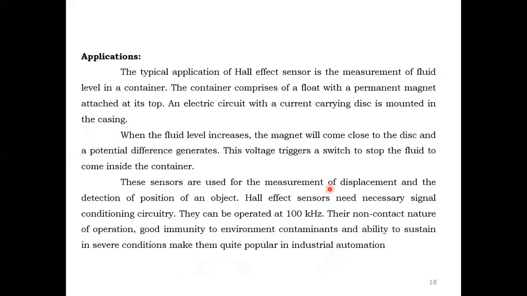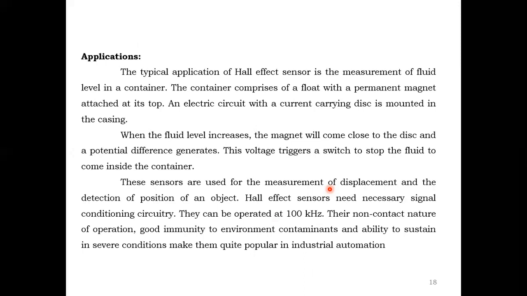A typical application of the Hall effect sensor is the measurement of fluid level in a container. The container comprises a float with a permanent magnet attached on its top. An electric circuit with a current carrying disk is mounted in the case. When the fluid level increases, the magnet comes close to the disk and a potential difference is generated. This voltage triggers a switch to stop the fluid from coming into the container.